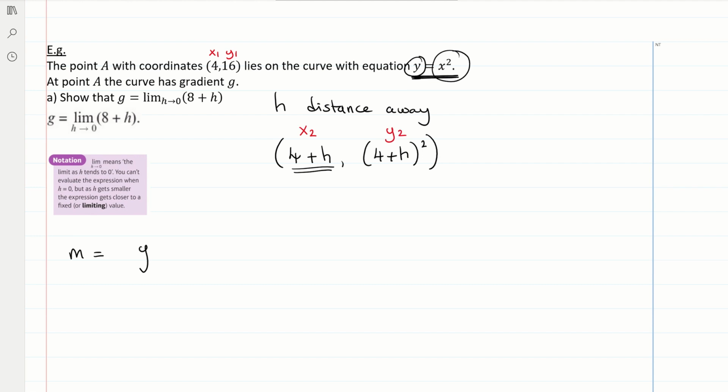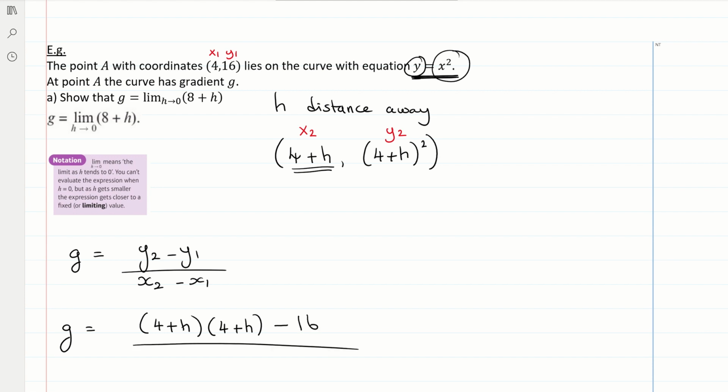And the gradient, of course, is y2 minus y1, the distance in y, over x2 minus x1, the distance in x. I'm going to substitute in, let me call it g, because that's what they've called it in this example. So y2 is (4 plus h) squared, which I'm just going to write as a double bracket, minus y1, which is 16, divided by x2, which is 4 plus h, take away x1, which is 4.